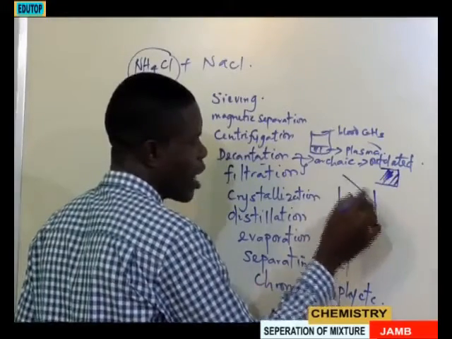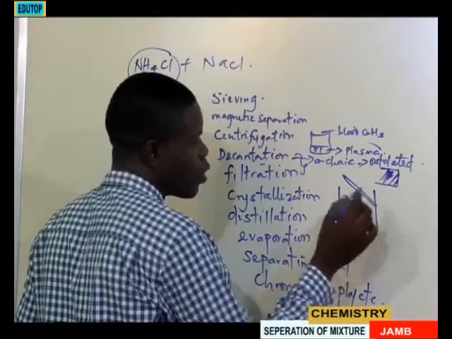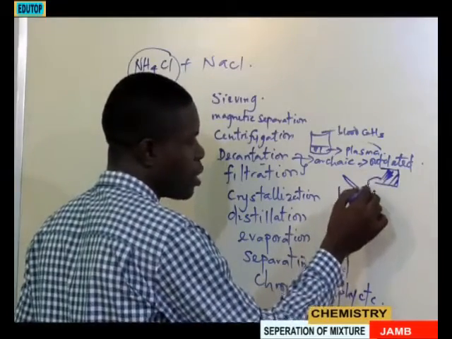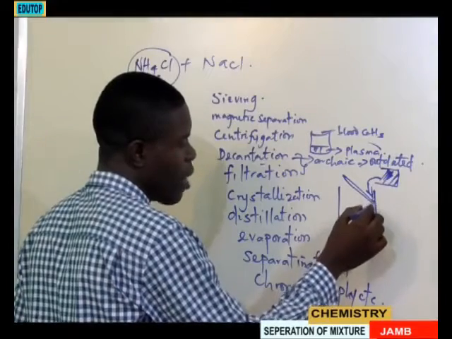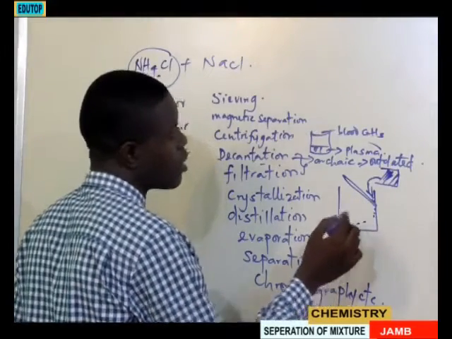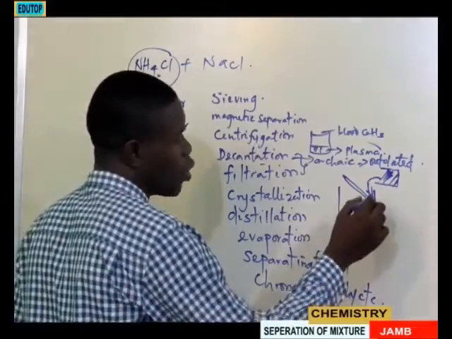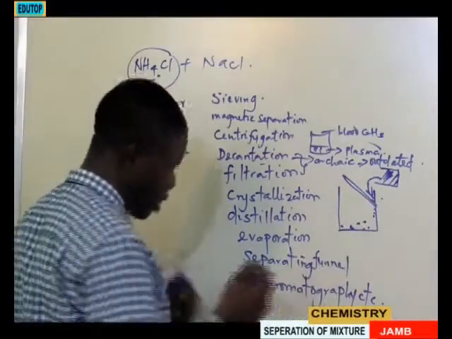Then you have like a glass rod somewhere here. So how do you do it? You just pour that solution into this. The particles remain here while the liquid goes in.